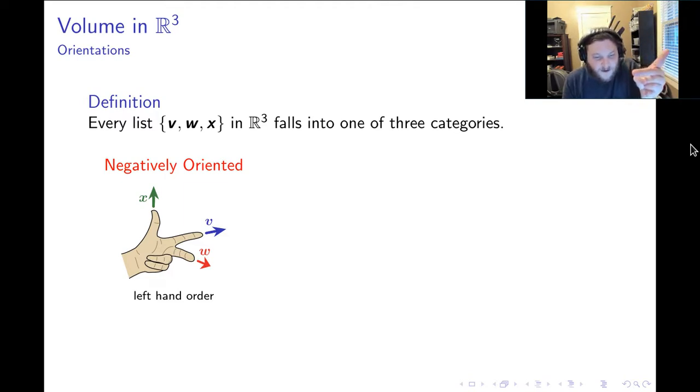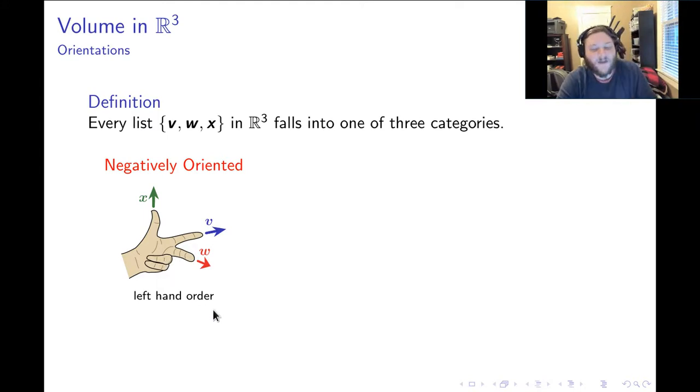The middle finger now represents the second vector on the list, which is w. Now the idea is that when we pop out our thumb, if our thumb is pointing in the direction of the third vector on the list, x, that means that the orientation of the list is left-hand order, which is what we call negative orientation. So we see that summed up in this figure here.